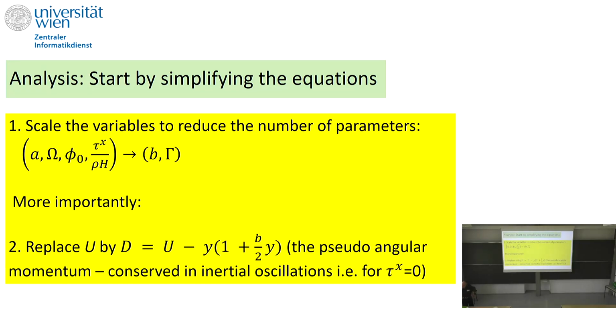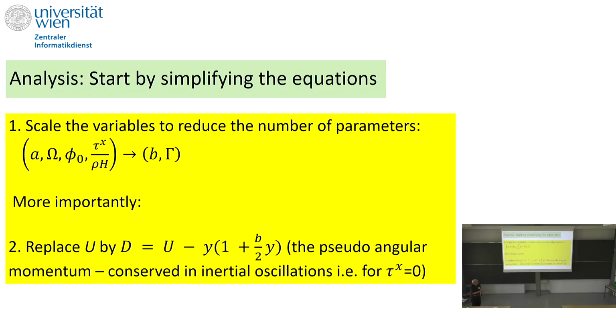And then the other thing, which is of prime importance, is that if you look at the beta plane, there is a conserved quantity, which is not the angular momentum, because the angular momentum exists on a sphere, but what I call the pseudo-angular momentum, in the sense that it yields the same relationship between the northward coordinate and the eastward velocity.